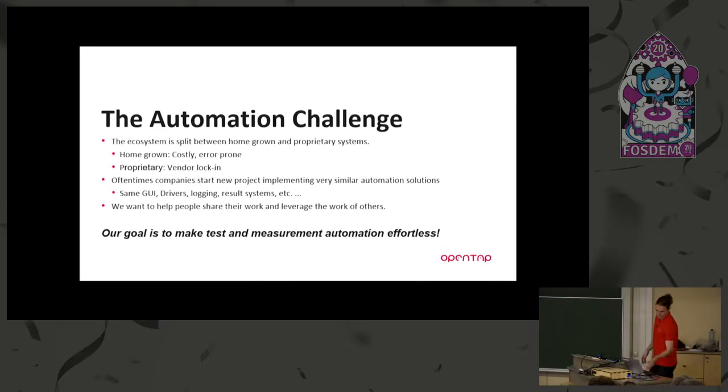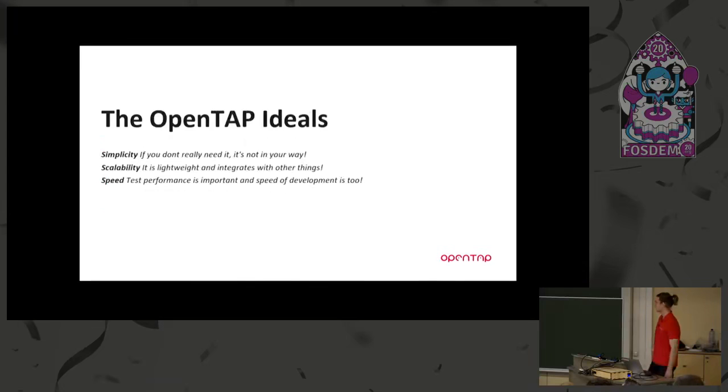So our goal is to make test and measurement automation effortless. We have some ideals that apply to all software, I think, but for OpenTAP especially, it's simplicity. If you don't really need it, it shouldn't be in your way. That comes into the modular architecture that handles this. The same goes for scalability.